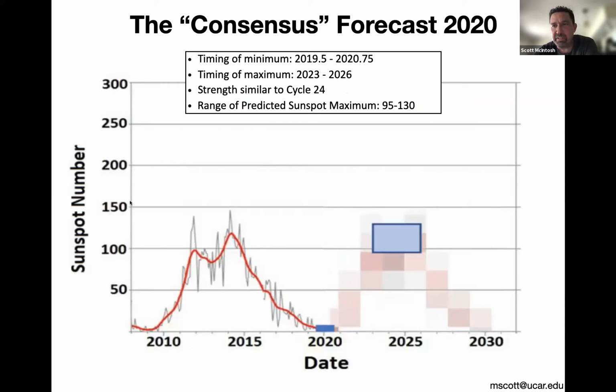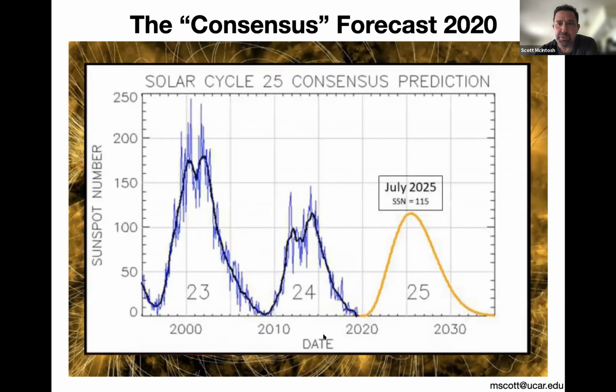And there was such an interesting discussion within the panel that they didn't want to actually put a curve on it. They just made it blurry, right? That it's kind of this amorphous blob of models leads to this shaded structure that I'm trying to use my cursor for, with anticipated maxima somewhere in the region of 2025 and a start date in 2020. Just to show it in context, that's what cycle 25 is predicted to look like.